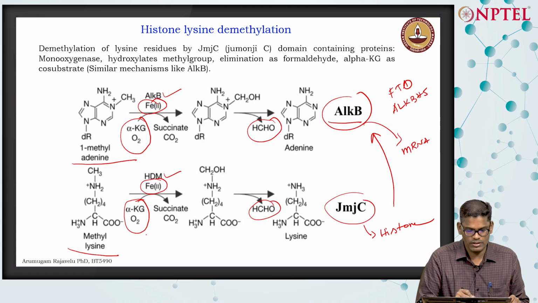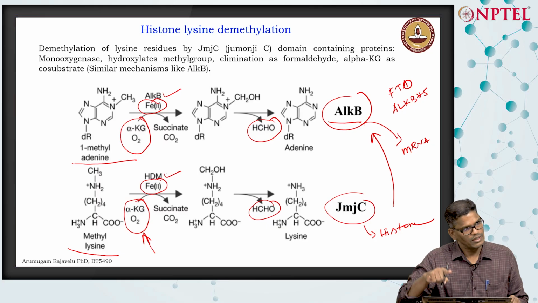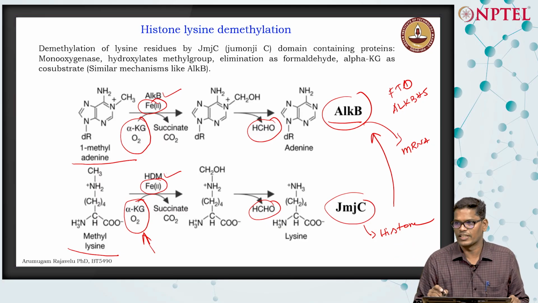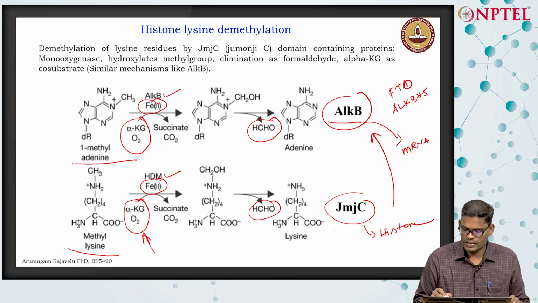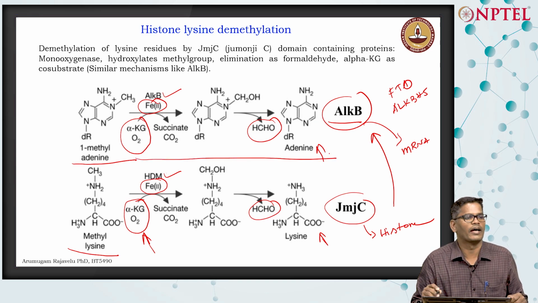If there is an issue with the availability of this important cofactor, then you have deficiencies or inappropriate activity of histone demethylases, which will obviously influence histone code generation, right? Formaldehyde is a byproduct, and then it produces the adenine, in this case lysine. So this is how histone demethylation works, almost similar to adenine demethylation or mRNA demethylation.